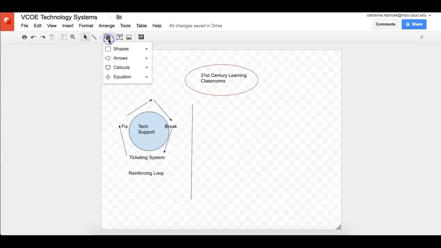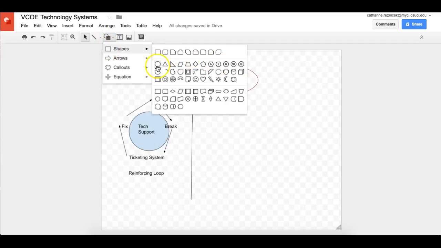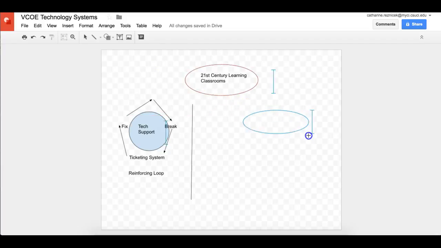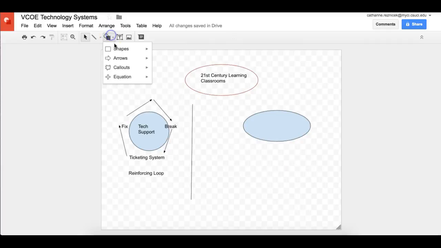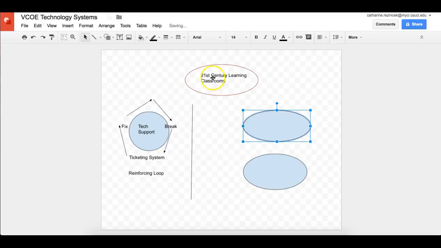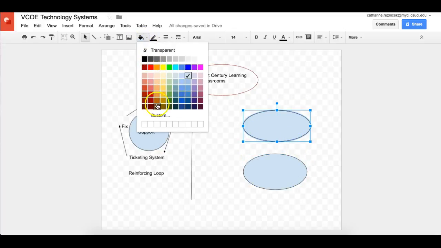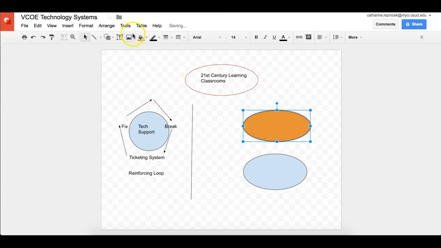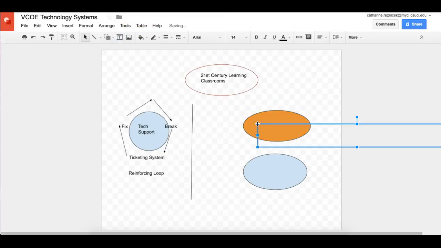And then what I think we also have is two forms of support. One of these is what I'll call PD without tech integration.